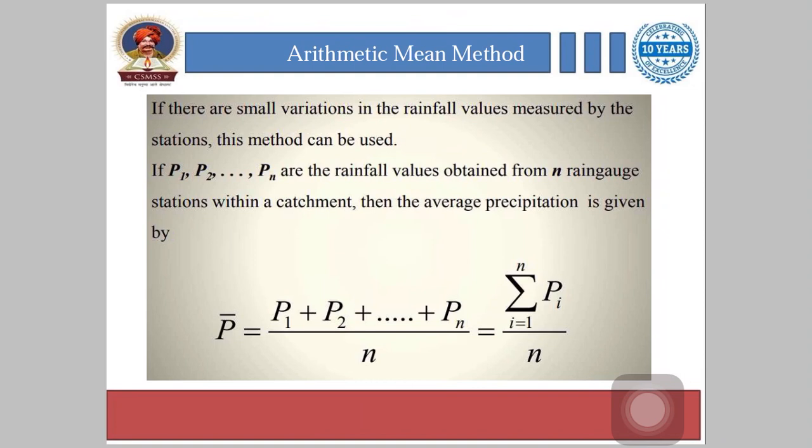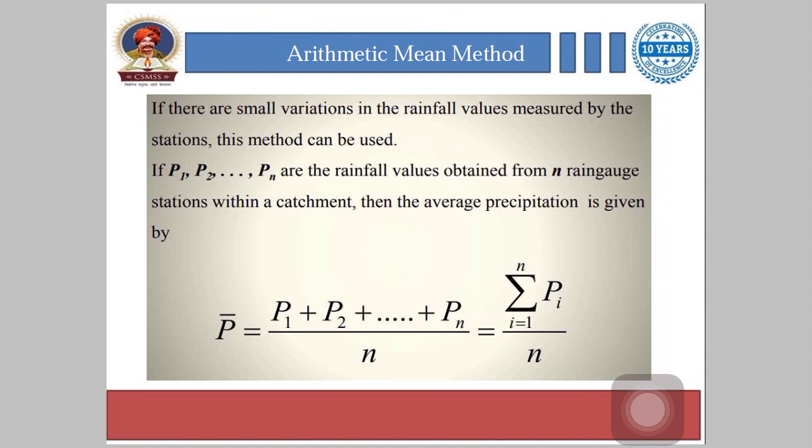If P1, P2, Pn are the rainfall values obtained from n rain gauge stations within the catchment, then the average precipitation is given by P is equal to P1 plus P2 plus Pn divided by n, that is the summation of the rainfall divided by the total number of stations.